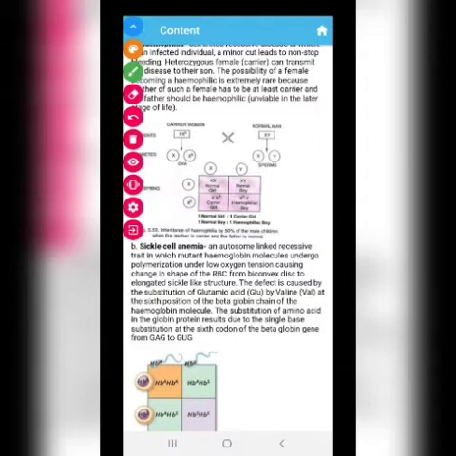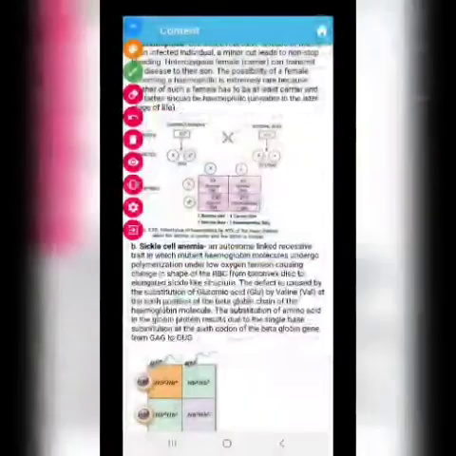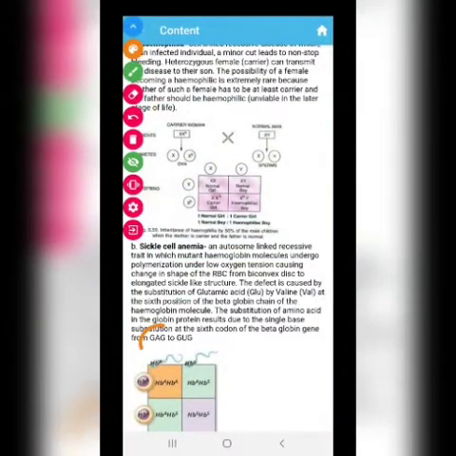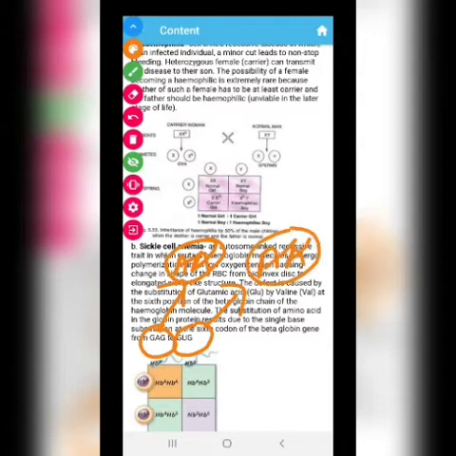You know that 3 nitrogenous bases code for one particular amino acid, and another 3 nitrogenous bases code for another amino acid.